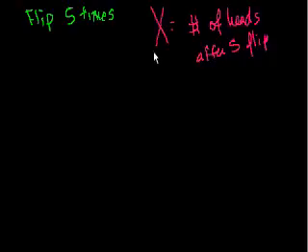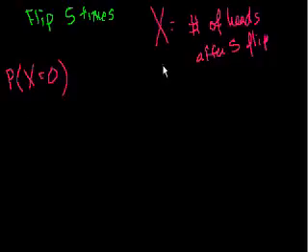Let's think a little bit about the different probabilities of getting different numbers here. What is the probability that X is equal to 0? So what's the probability that you get no heads after 5 flips? Well, that's essentially the same thing as the probability of getting all tails, right?